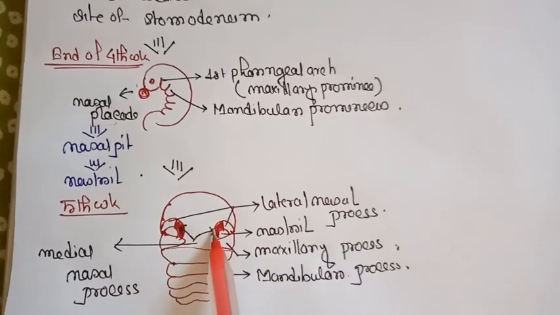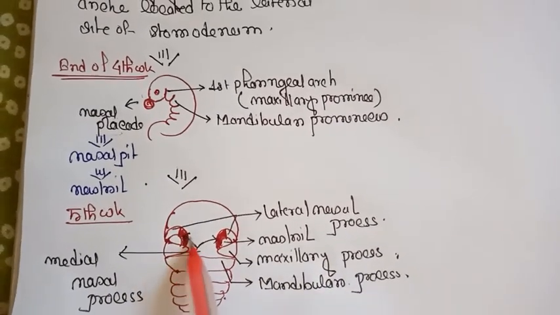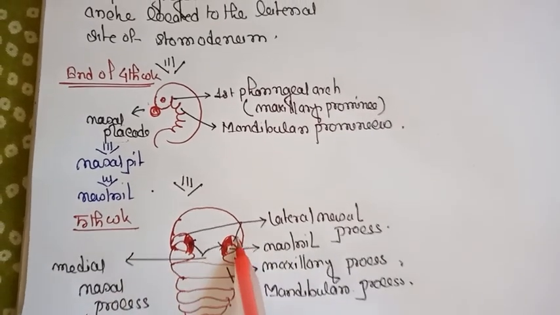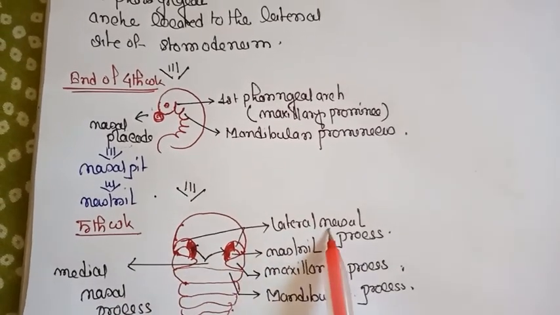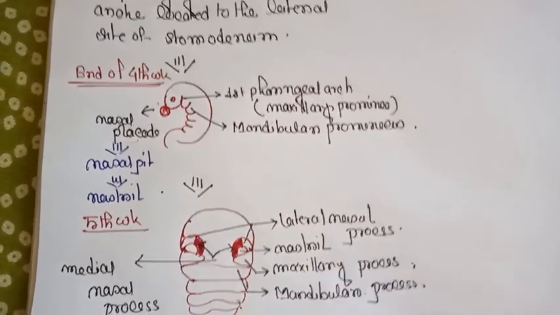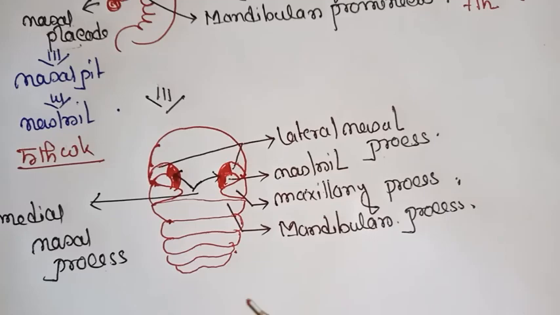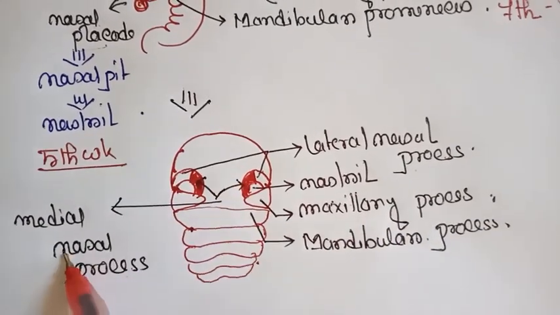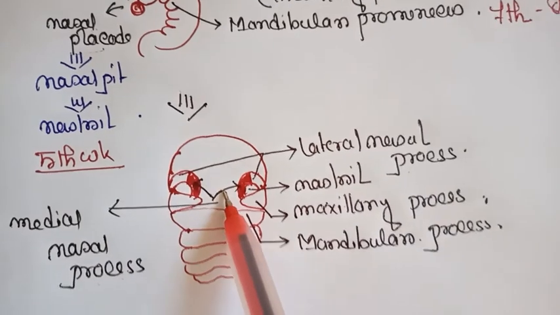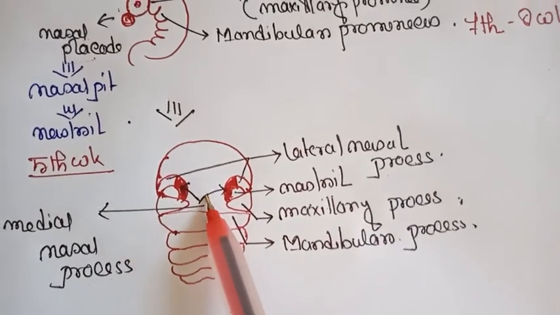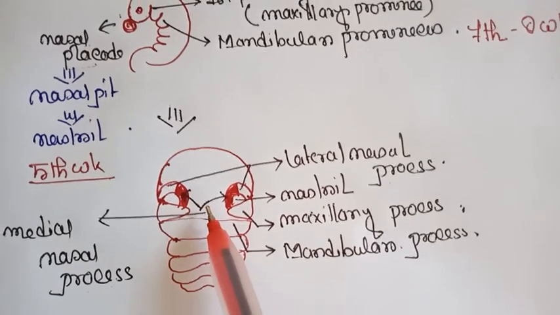The medial side of this nasal process is called the medial nasal process, and the lateral side is called the lateral nasal process. This is the maxillary process and this is the mandibular process. In 7 to 8 weeks, the two medial nasal processes fuse and form the middle portion of the upper lip along with the primary palate.